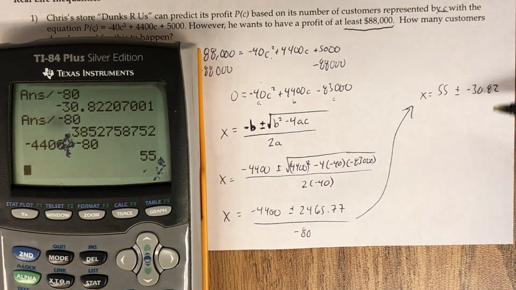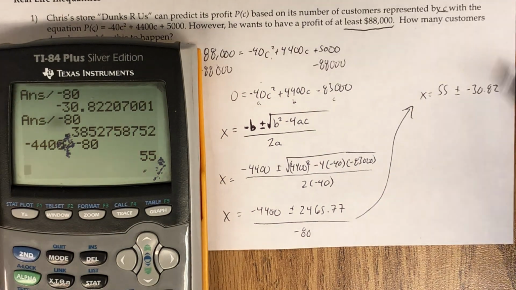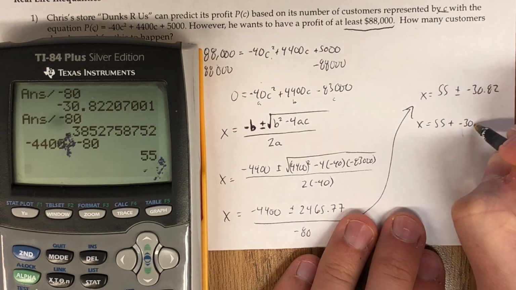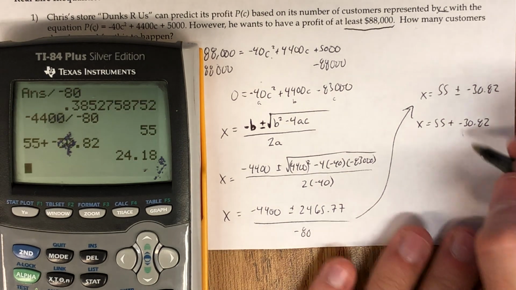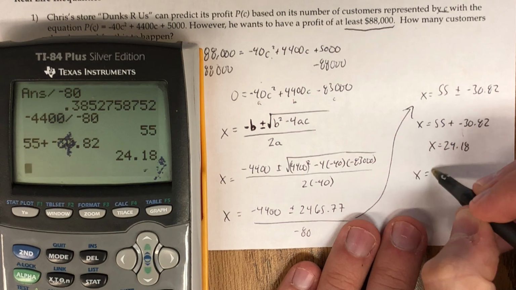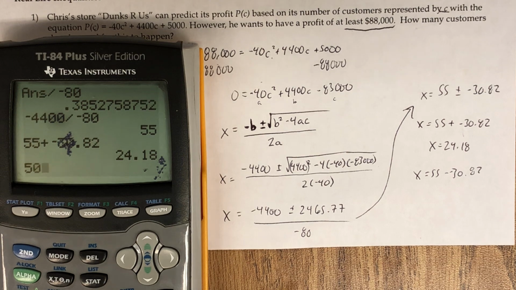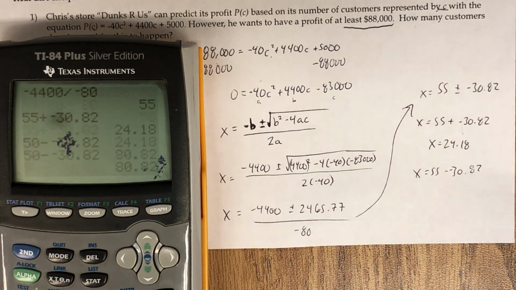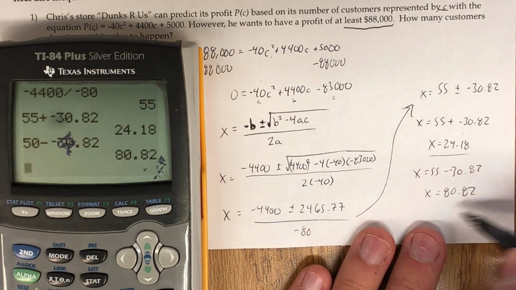So my x values, the values that will make our y 88,000, would be when x is first 55 plus negative 30.82, so 24.18. And when x is 55 minus negative 30.82, sorry, we get 80.82. So these are our values here.